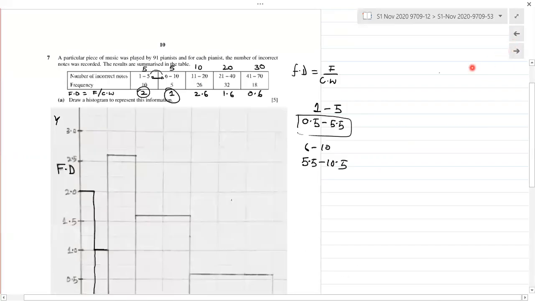So we go back and see where we are getting the 23rd value. 10 plus 5, that's 15 values, and then plus 26 is definitely going to give us where our 23rd value lies. So the 23rd value, which is Q1, the lower quartile, lies in the interval of 11 to 20.